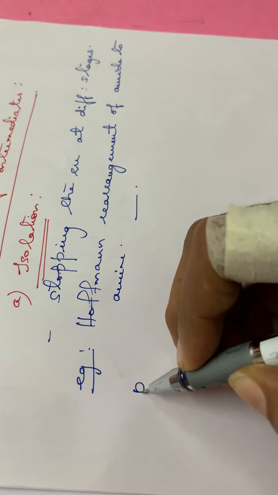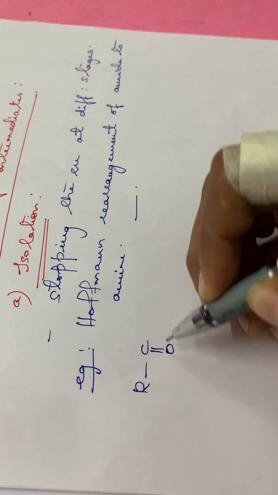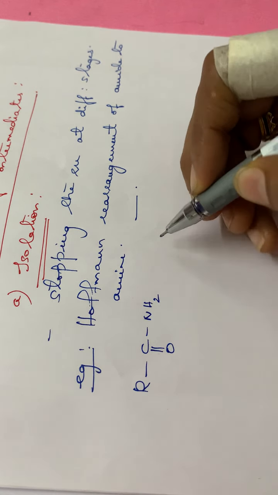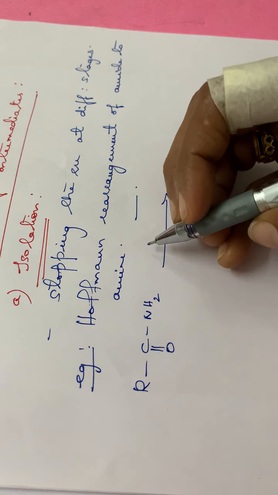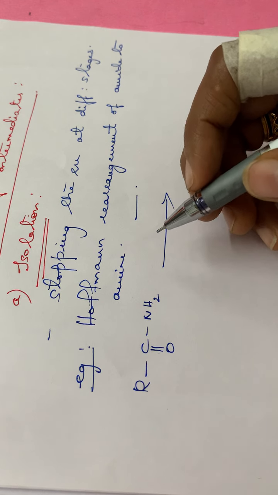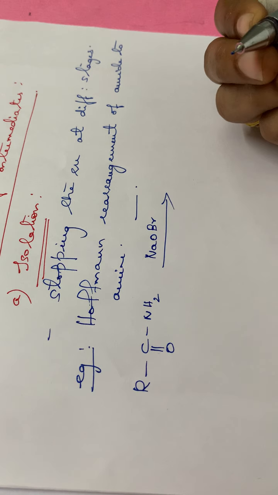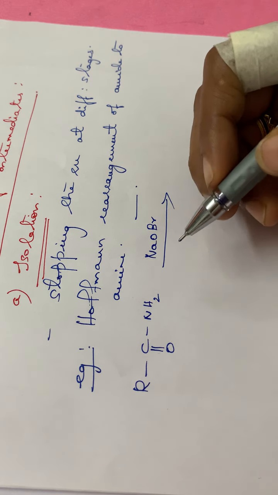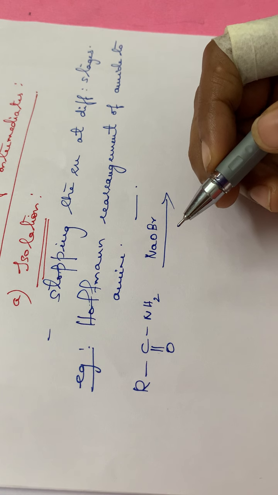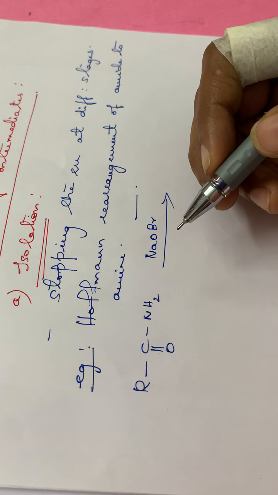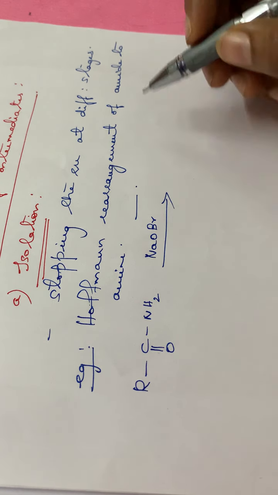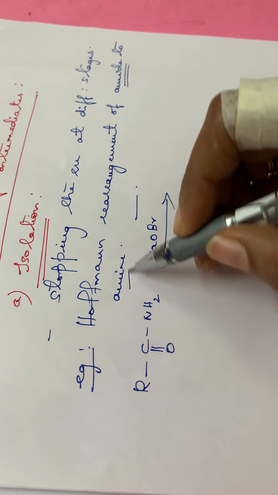See here, amide, that is RCONH2, in presence of sodium hypobromite, NaOBr. See here, the reaction will be going on. The final product will be an amine. Okay, amide is converted to amine.